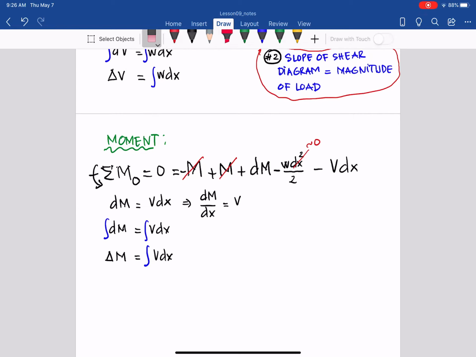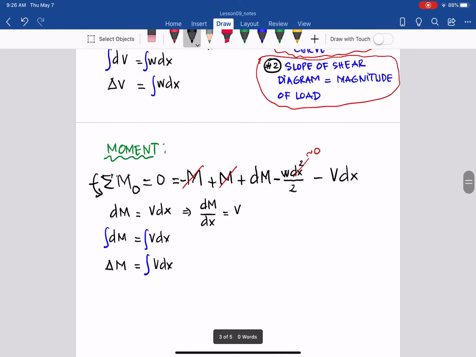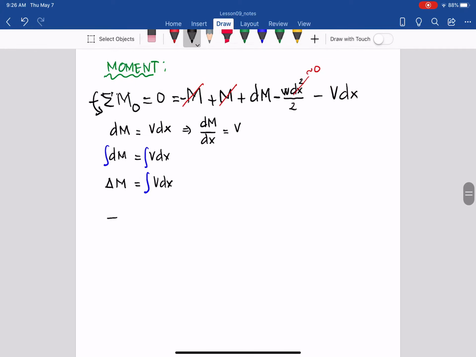So as you can see now, note number 3 is also important. Let's write down here. Number 3, it will be delta M equal to the integral of V dx.